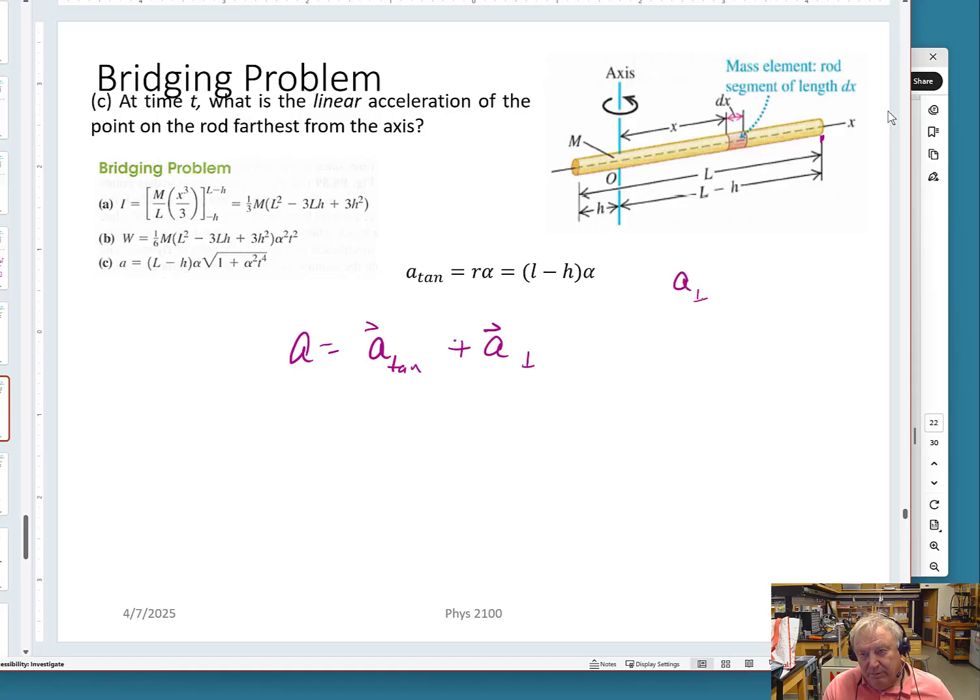A perpendicular equals omega squared r. So that means that if we have a constant, that means alpha squared t squared r. So now just add those in quadrature.